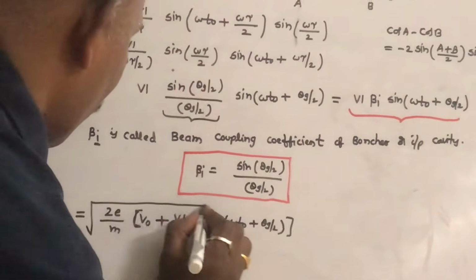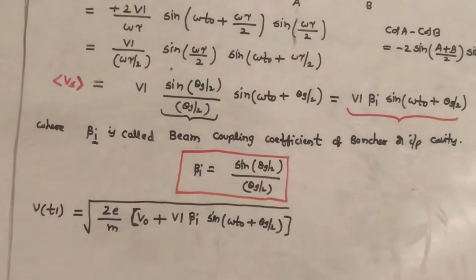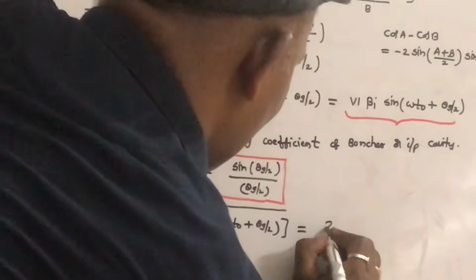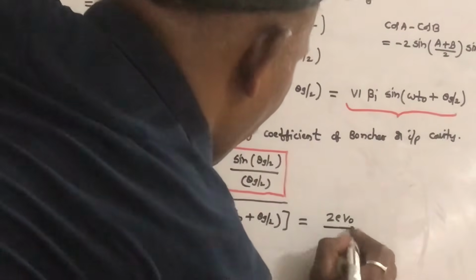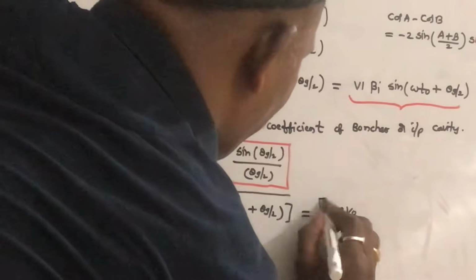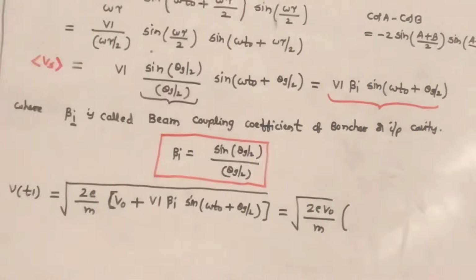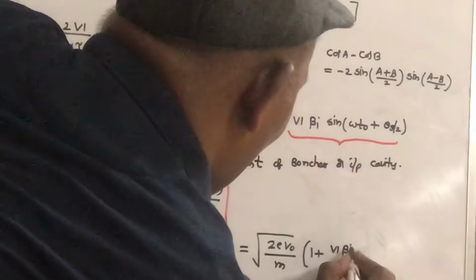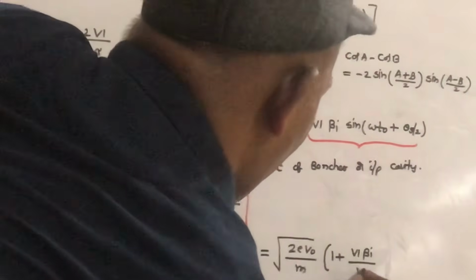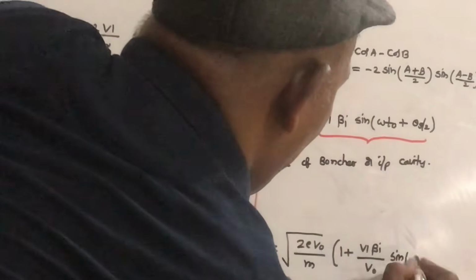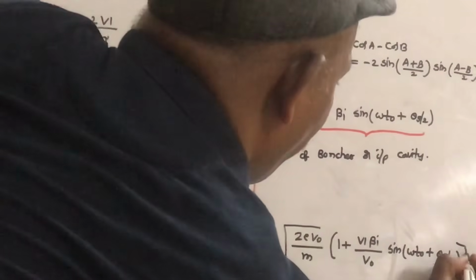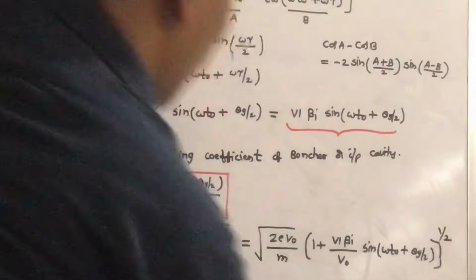Separate V0 from this equation. So this is written as root of 2e V0, the cathode voltage, by m, into 1 plus V1 beta I by V0 into sine omega t0 plus theta g by 2, whole power 1 by 2.